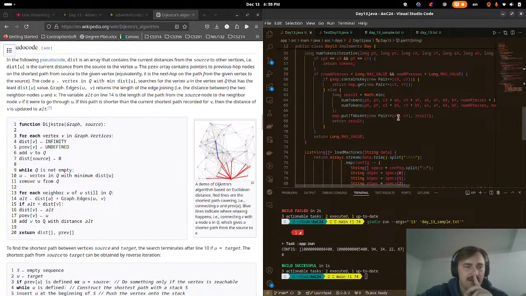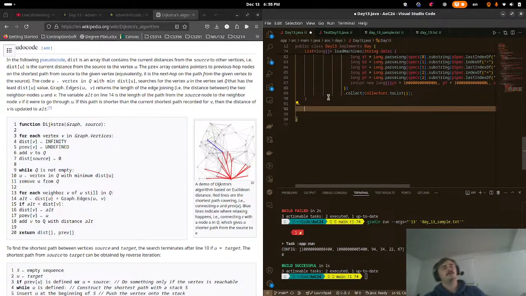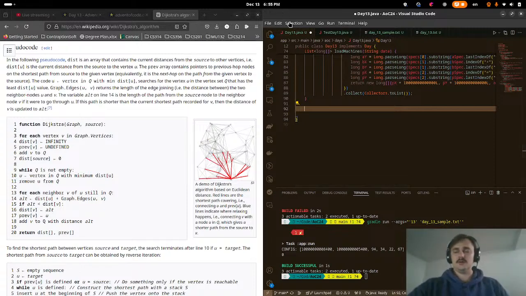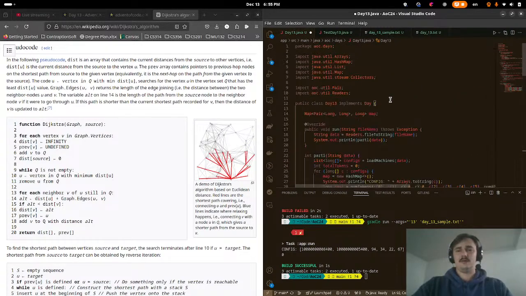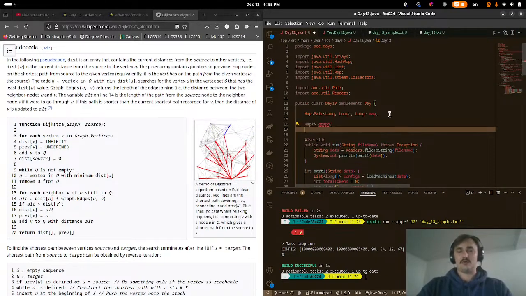So I need to make the graph first. Let's see if I can even do that. To make the graph, I'm going to do a DFS, and the graph. I'm going to have a graph and a distance map.